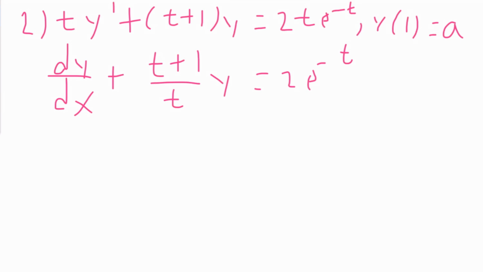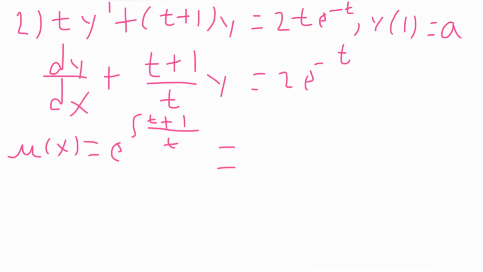Now we're going to identify mu of x. Mu of x is equal to e to the integral of t plus 1 over t, because that's p of x, and p of x is the coefficient of y. To evaluate this integral, we can say t over t plus 1 over t. So it's equal to e to the integral of 1 plus 1 over t, because it's the same denominator and you could just separate it.